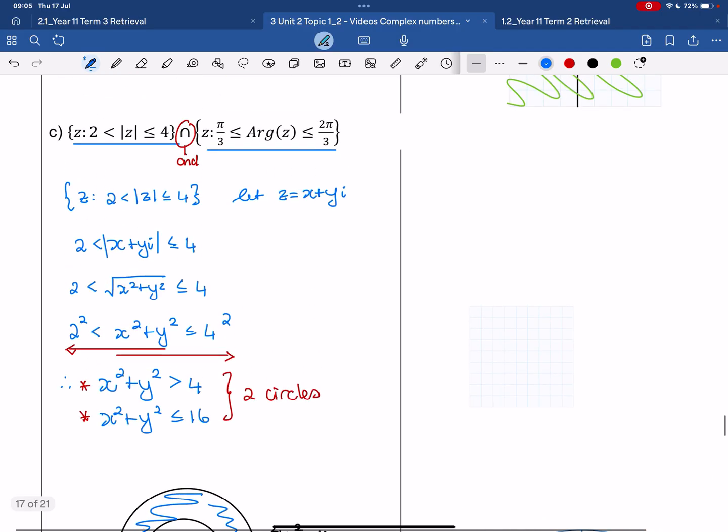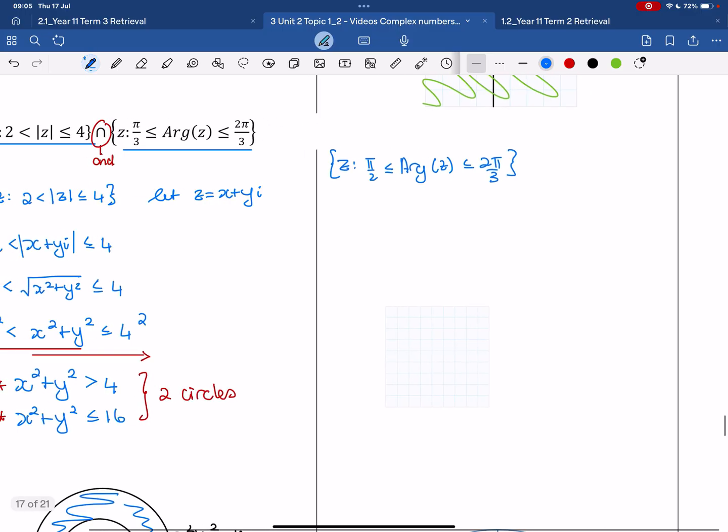All right, now let's have a look at the right-hand side of this thing. So now we're going to have a look at the argument of z between pi on 3 and 2 pi on 3. So again, it's in the form argument of z minus alpha equals theta. And the important thing there is that we know that this alpha is our starting point.